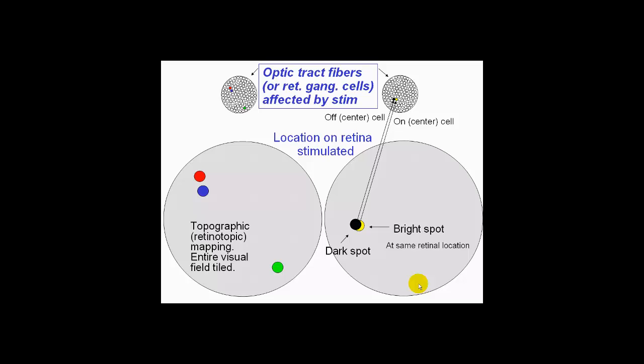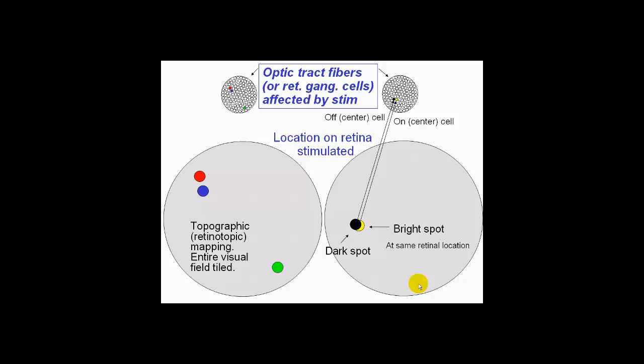So suppose we put a spot of light there. It's not a red spot of light. This is just to indicate for us to switch a switch. So suppose we put a spot of light right there on the retina. Here on the optic tract is the ganglion, or will be ganglion cells, or a ganglion cell that will respond to that light.